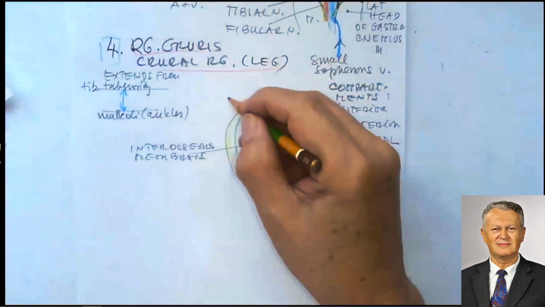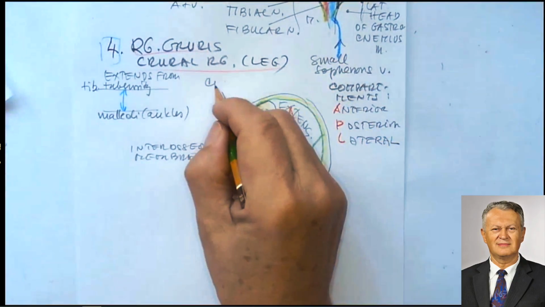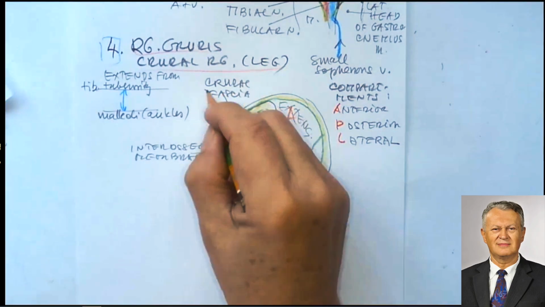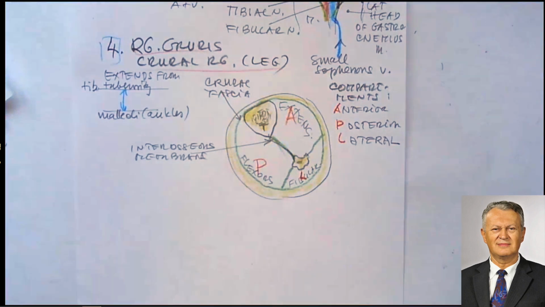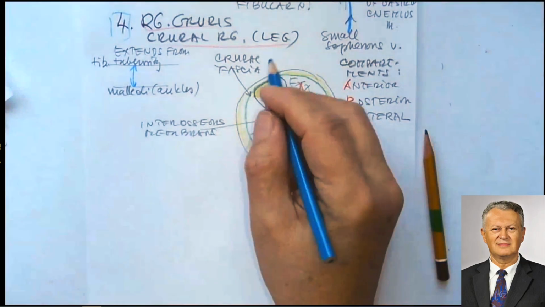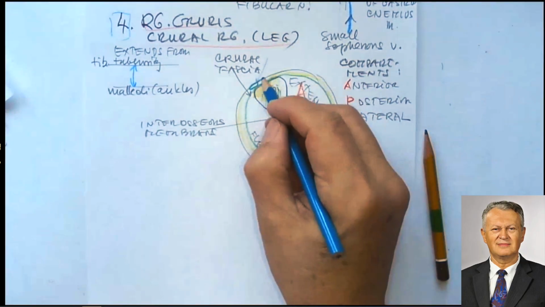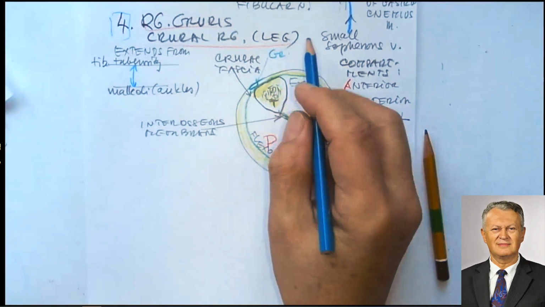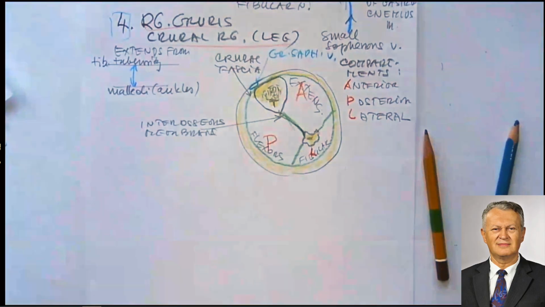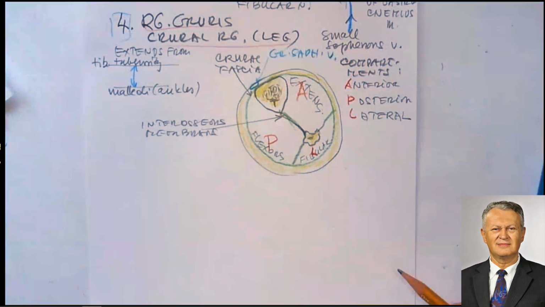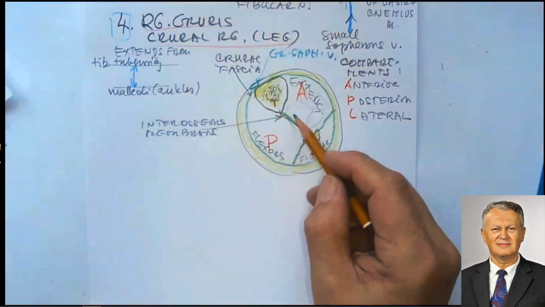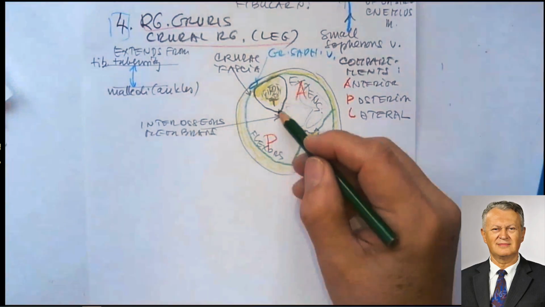Don't forget to add here the fascia cruris, crural fascia. Note please the position of the tibia in close proximity to the skin. And then also on this side we have the great saphenous vein. Not necessary to write the whole name. And then there are extensors like that. Here we have a different situation on the dorsal side.